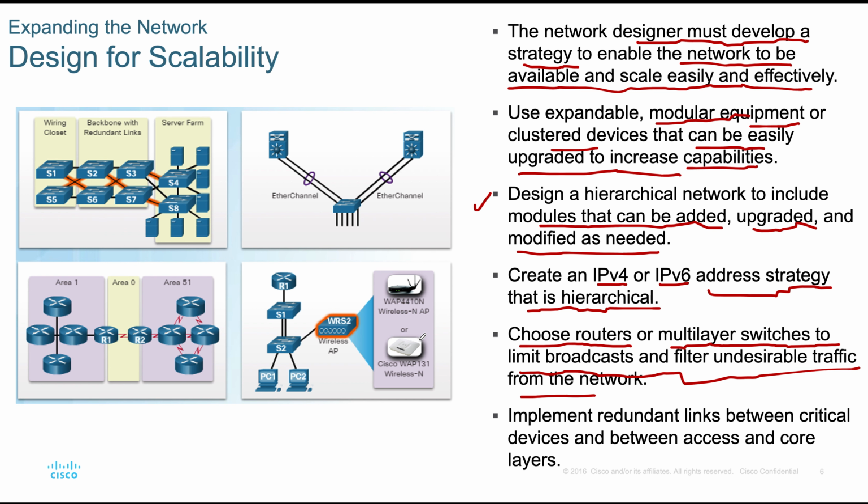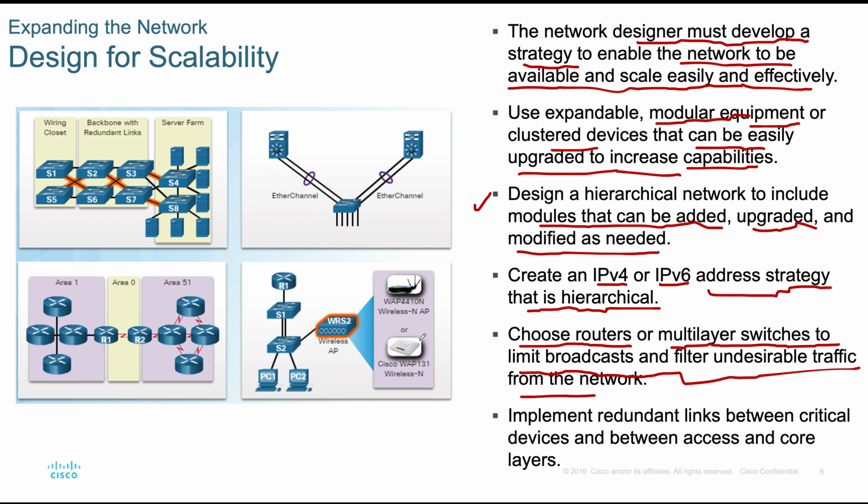We also need clustered devices to be added, to be able to upgrade the network when need arises, in order to increase performance, what we call the throughput of the system. Is that okay? Now, a hierarchical network design must include modules that can be added, upgraded, like we said earlier, and modified when needed.